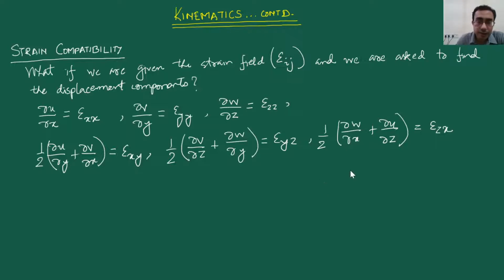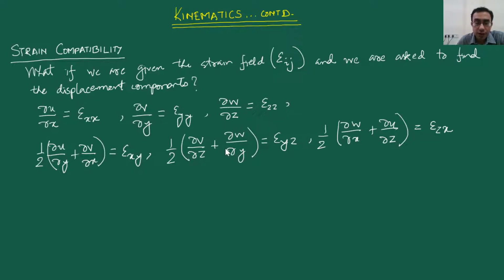Okay, so we have these 6 equations, and you may think that fine, we have 6 equations, we can just go forward and solve this. But there is a little bit of a problem. You can think of these 6 relations that we have just written down in reverse as 6 partial differential equations, since there are partial derivatives here.